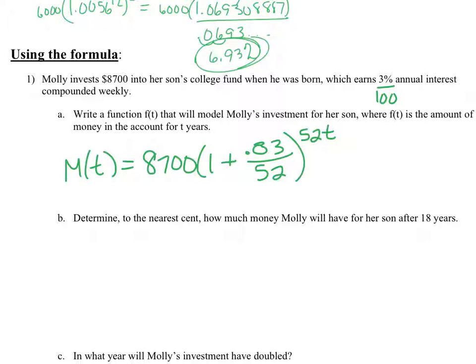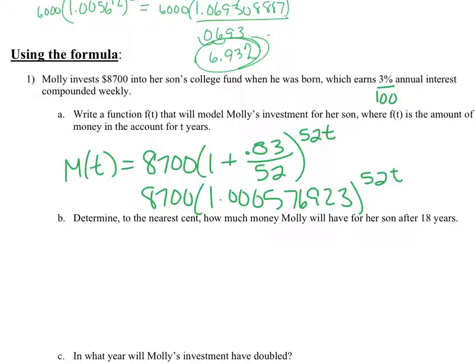Now if I want to find out how much money she'll get, here we go. You can see it's a really low percentage, but every week she's getting this much money compounded into her account. It's not a whole lot.